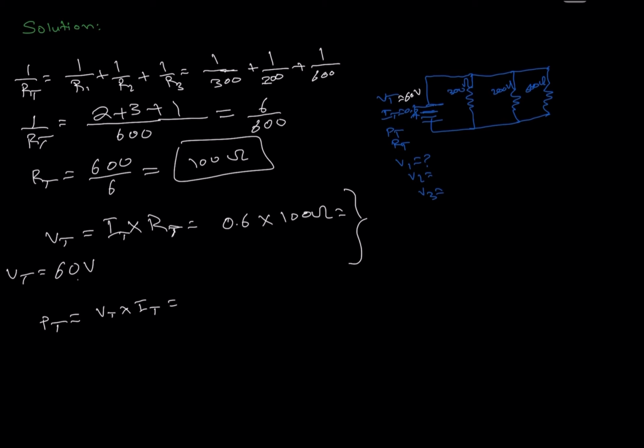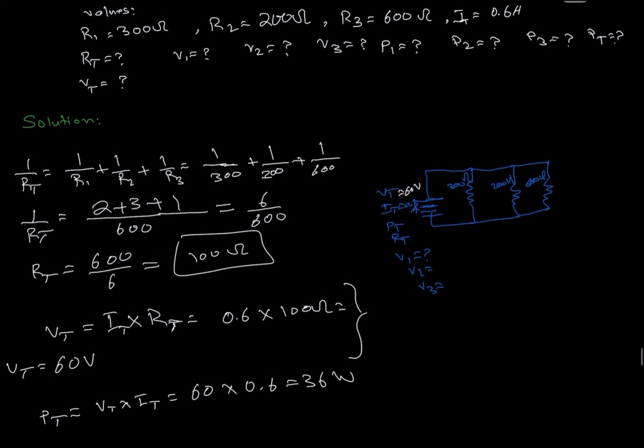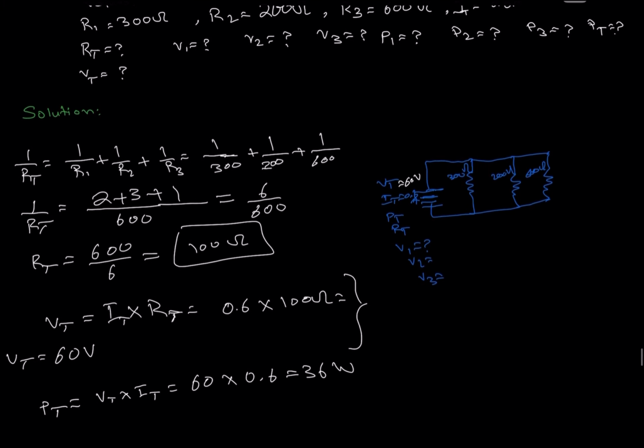VT, the total voltage we found, was 60 volt. 60 volt times 0.6 will give me 36 watt. So we found PT, the total power, and we found VT also.